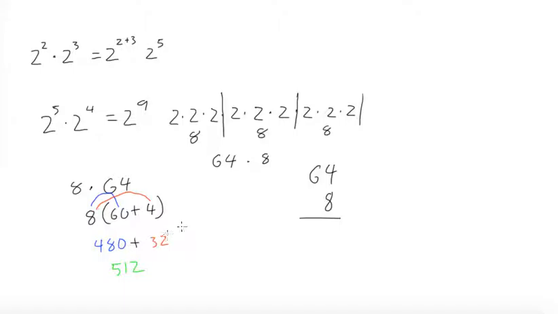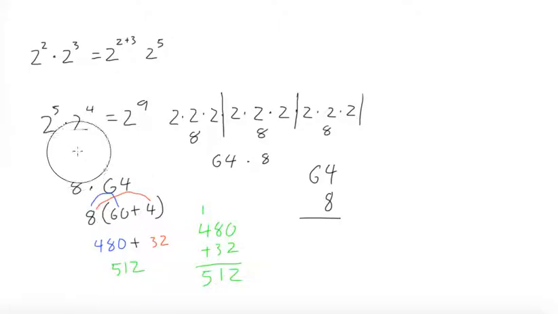Now, if you can't do it in your brain like that, rewrite it like this. 480 plus 32, and that equals 512. All right?